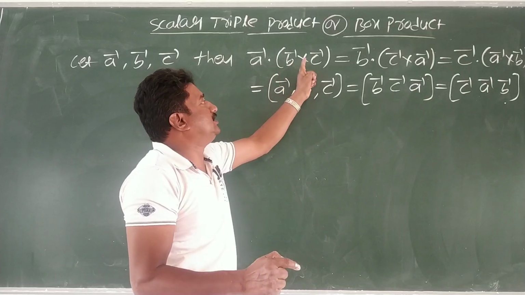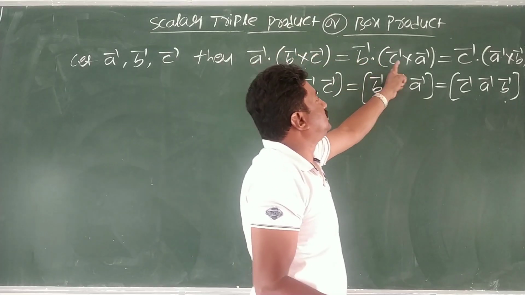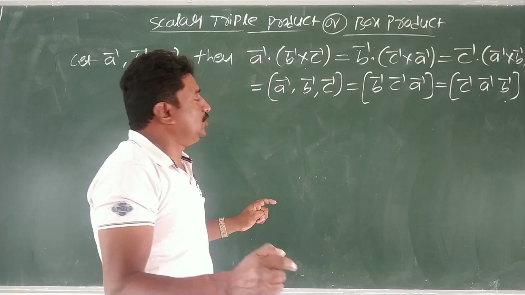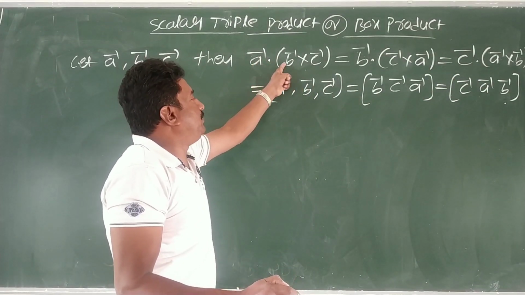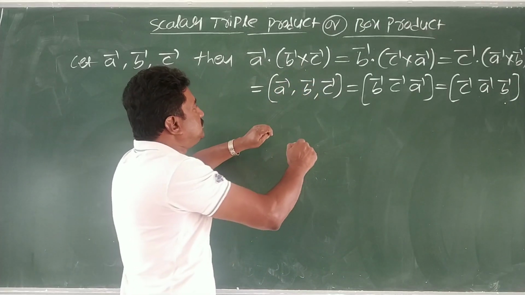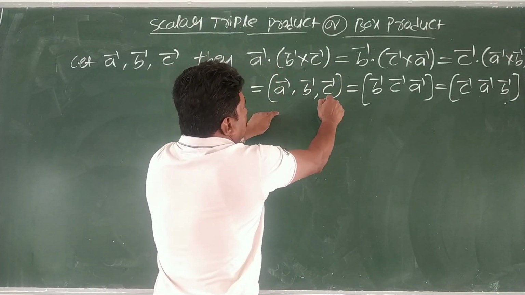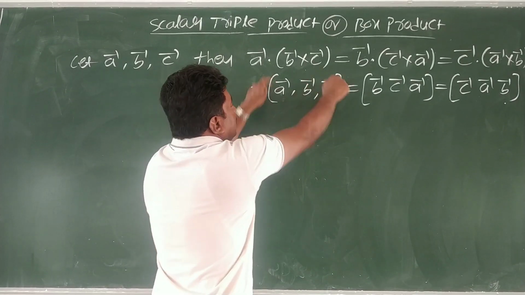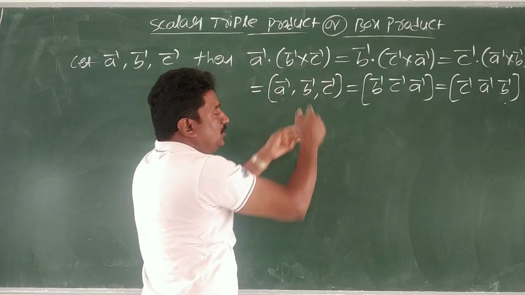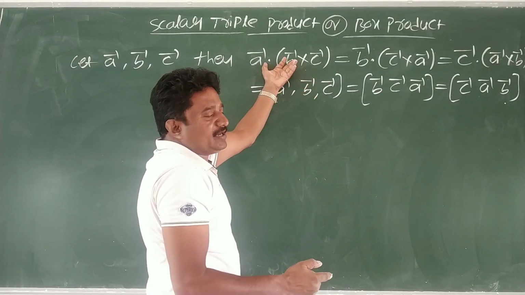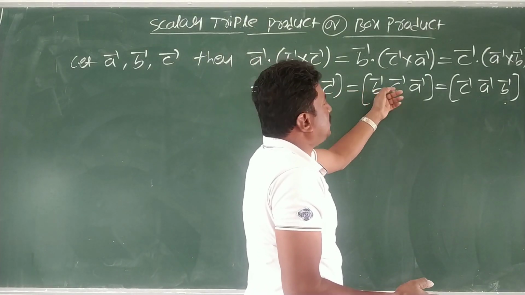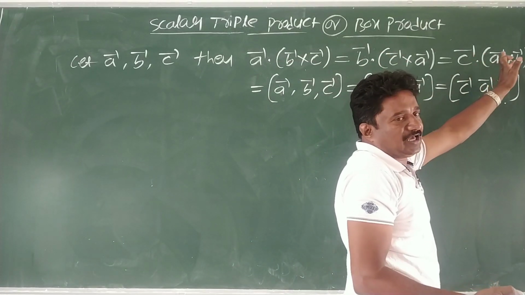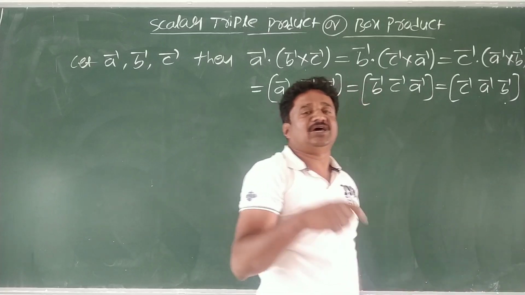A dot B cross C is equal to B dot C cross A is equal to C dot A cross B. Or you can represent A dot B cross C by one more representation, that is box ABC, vector A, vector B, vector C. Box ABC means A dot B cross C. Box BCA means B dot C cross A. Box CAB means C dot A cross B. Both the representations are one and the same.